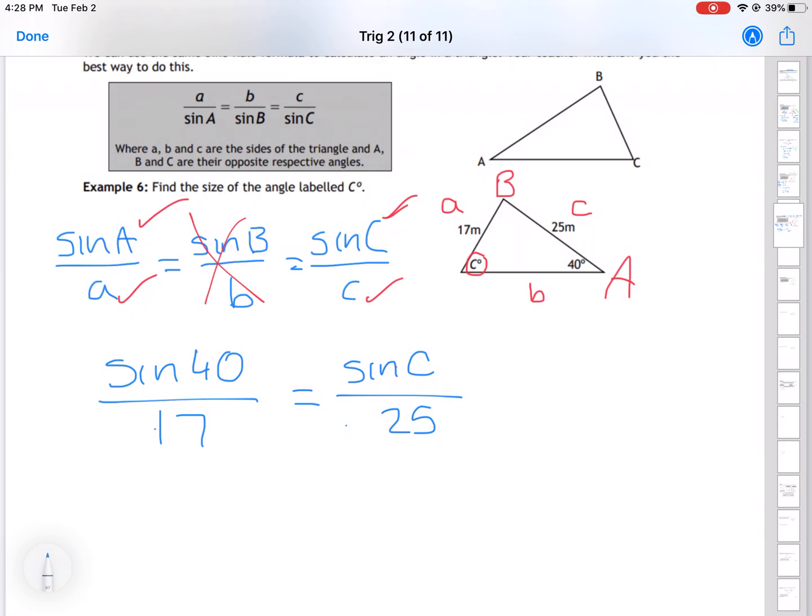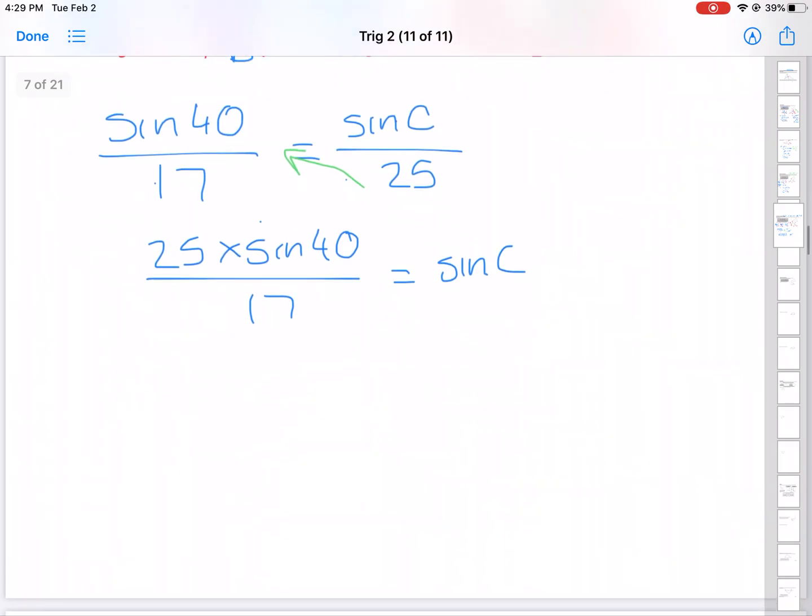Now, in order to get sine C on its own, what I'm going to have to do is multiply up the 25. So when I multiply up the 25, I end up with 25 times sine 40 all over 17 equals sine C. Before I go any further, I am going to swap that round.